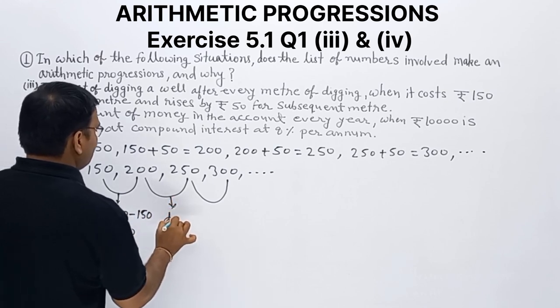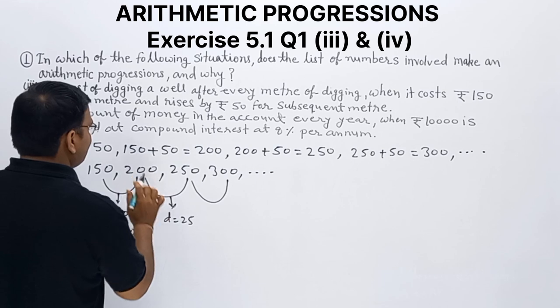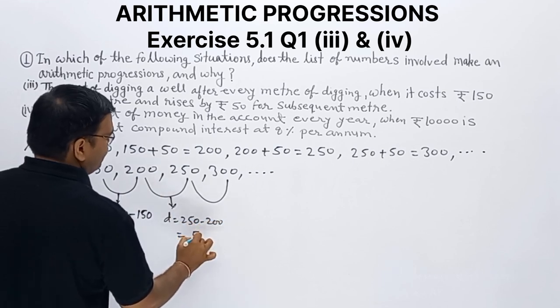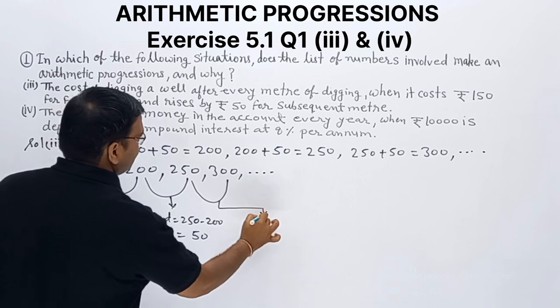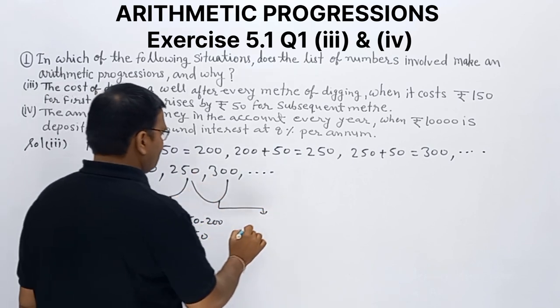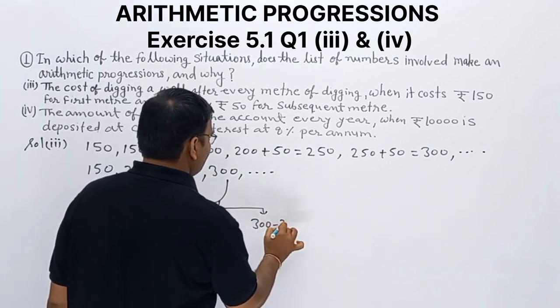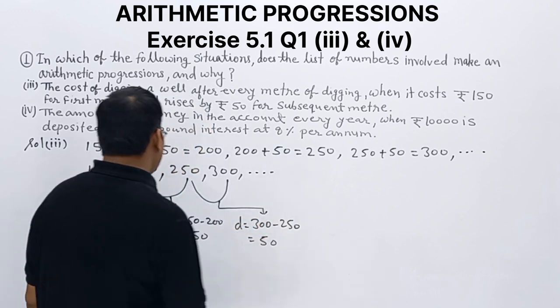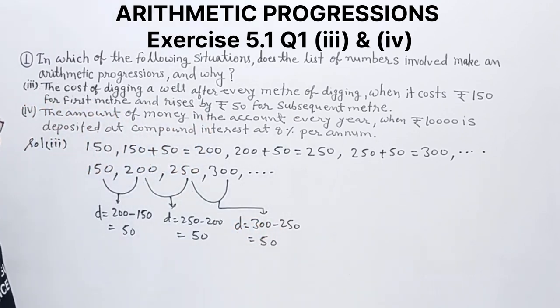Third term minus second term, 250 minus 200, 50. Fourth term minus third term, 300 minus 250, 50.